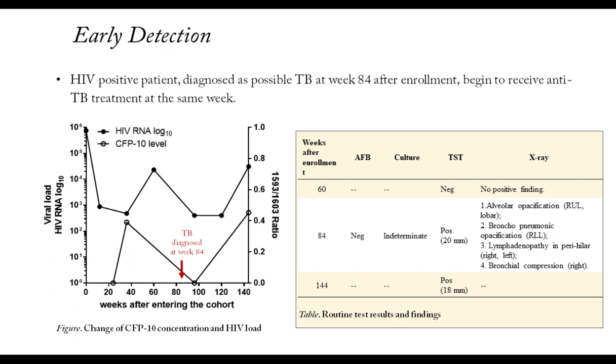But since his blood sample was collected every 12 weeks, when we tested his blood sample at week 36, we already detected the signal for CIP10, which is 50 weeks earlier than the gold standard. So this shows the potential of this assay for early detection of active TB.